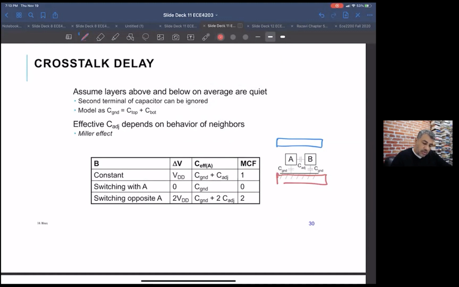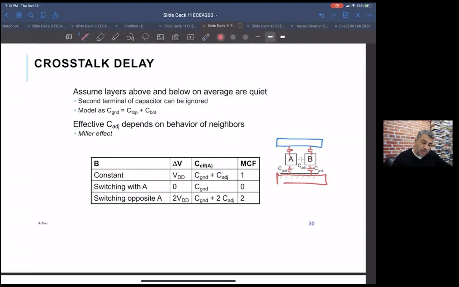So we can just assume these guys are grounded to this layer, and these are also grounded, and we're only looking at this capacitance shifting. Okay, so how much you have in terms of the effect on your delay depends on what these lines are doing.